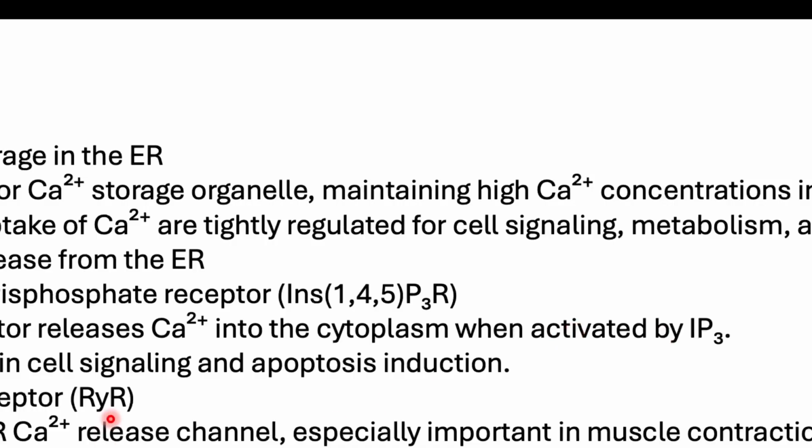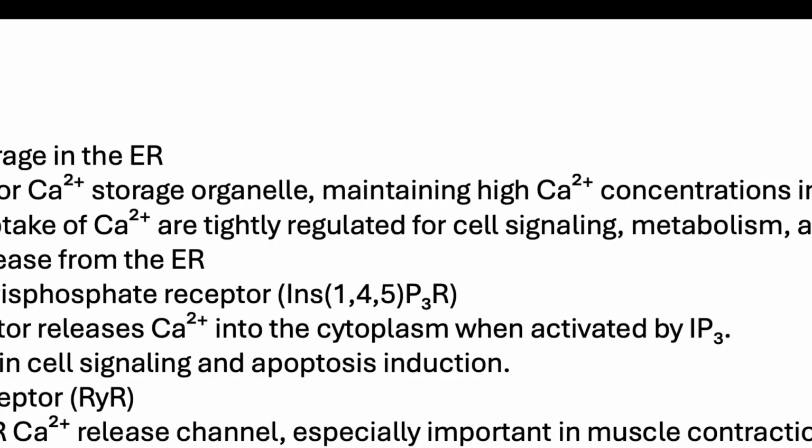Ryanodine receptor, RYR, is another ER Ca2+ release channel, especially important in muscle contraction and neuronal signaling. Calcium also plays a major role in muscle contraction, in contraction of myosin and troponin. Calcium uptake into the ER is by SERCA, the sarcoendoplasmic reticulum Ca2+ ATPase, which pumps calcium back into the ER using ATP.